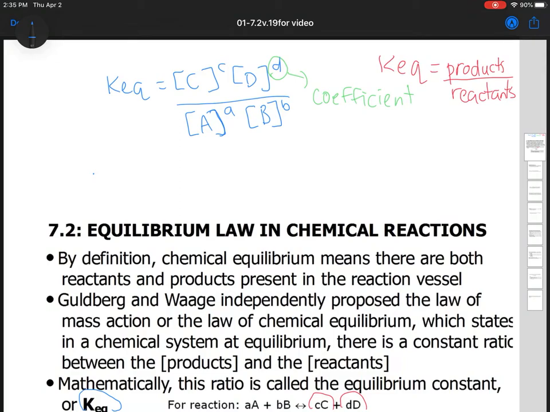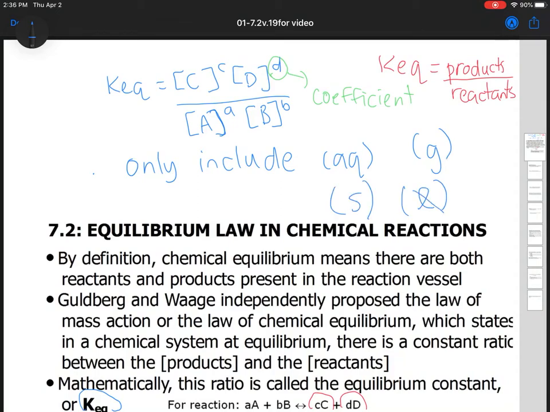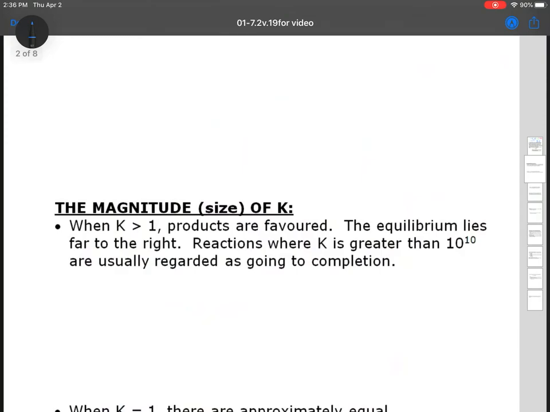So aqueous ions are able to displace and that kind of thing. So you're only going to include aqueous substances, and then of course gases are also reactive enough. Solids and liquids are not. Can they be present in reactions? Sure, but they are not going to influence the equilibrium position because they're just too unreactive.